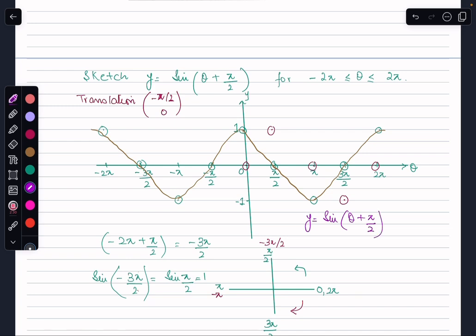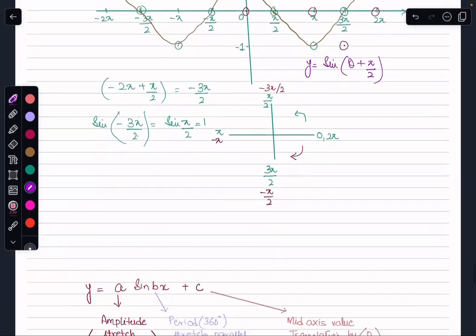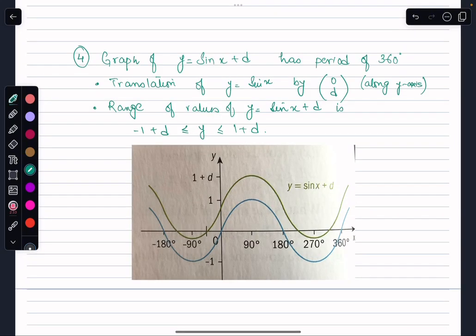So let's discuss the fourth case. The fourth case is for y equals sine of x plus d. We know that sine has a period of 360 degrees. Here we can see a constant added to the sine function: sine of x plus d.